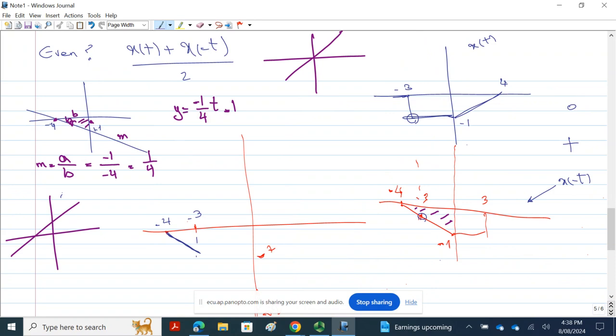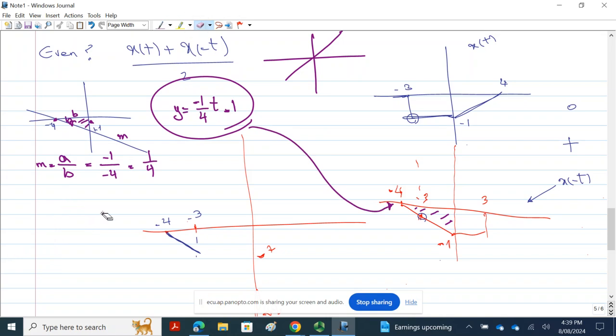Okay, so that's the correct representation of this line here. Now, let's get to point -3. I already have the value up here. It's -1 minus this point.